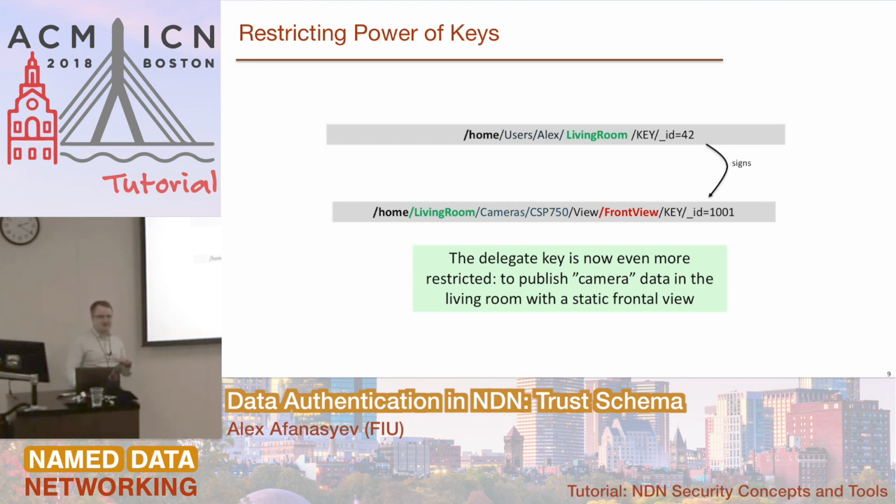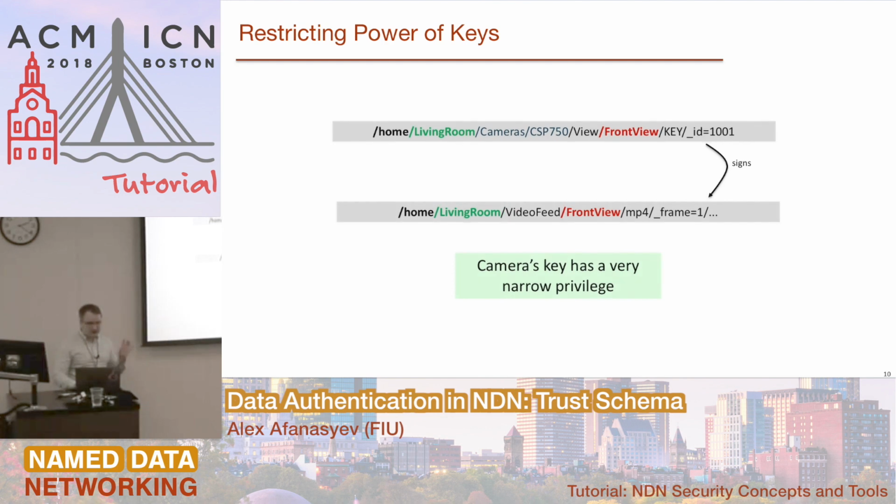How it's enforced is a different question, but you can do some kind of limitation of the namespace in which this camera can publish. And one more is just publishing the actual data that is signed by the previous key, which is signed by the parent key, which effectively builds a set of rules.